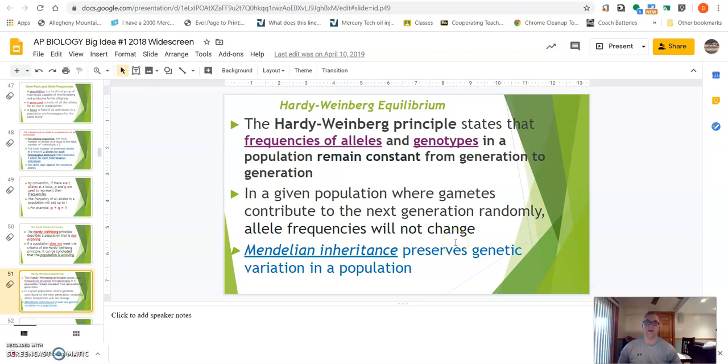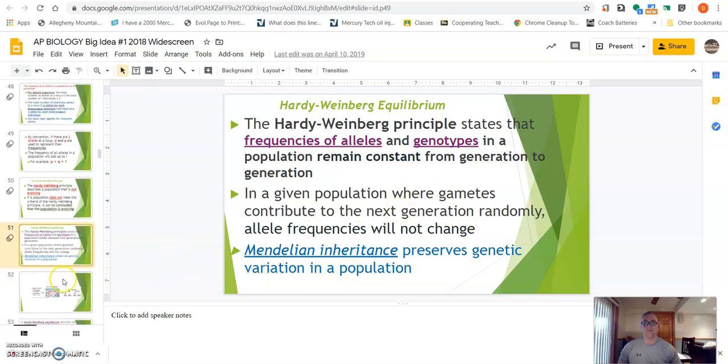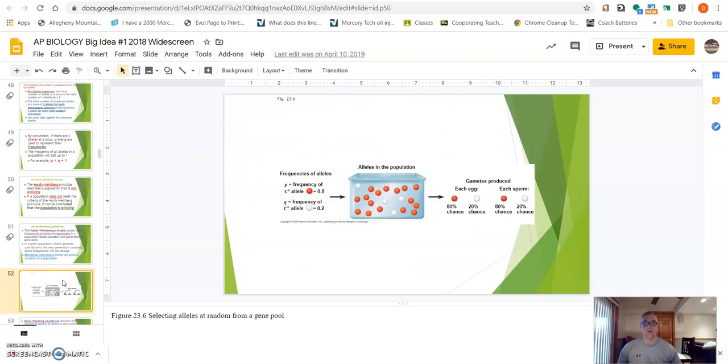So if you had 60 and 40% in the initial generation, and there's no evolution going on, it's going to remain 40 and 60 every generation after that. The idea is they're going to get shuffled. So when we see this last statement that Mendelian inheritance preserves genetic variation in a population, those alleles might still be in the same ratio, but the way that they combine to form the actual phenotypes is potentially going to be different.